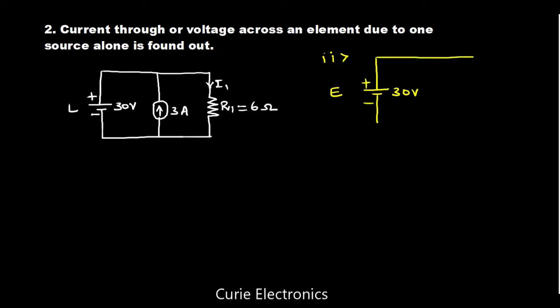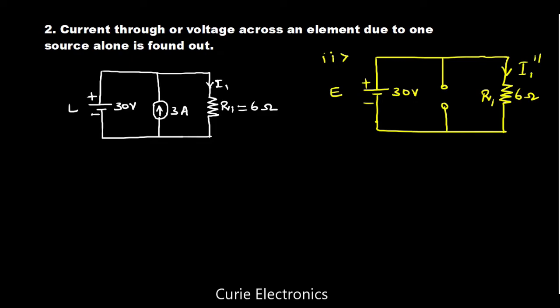And the current source we have to replace by the internal resistance, that means open circuited. Current source is open circuited. Then what is there? The resistor, that is R1 equal to 6 ohms. Now the current flowing through this R1 6 ohm, we will take it as I1 double dash.